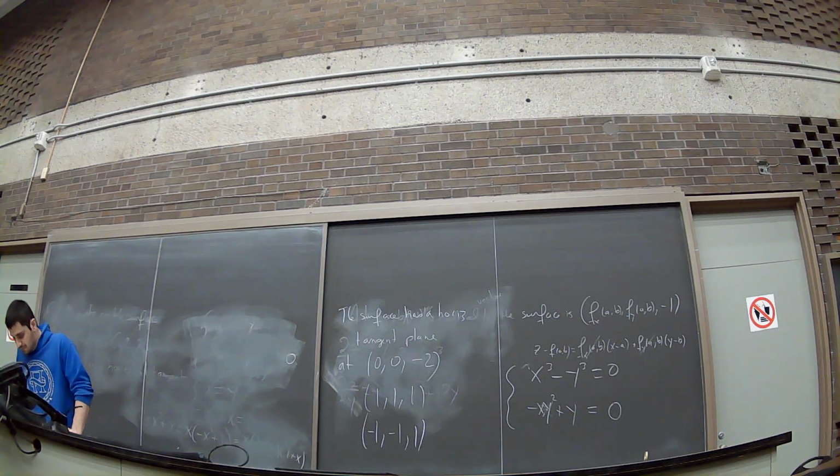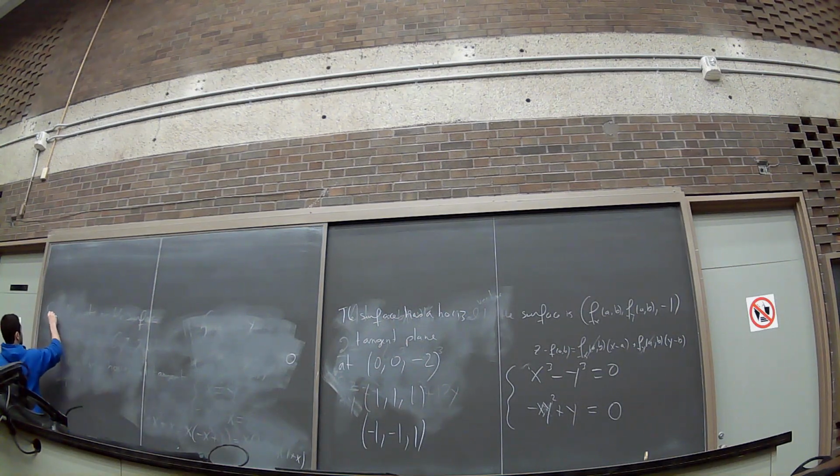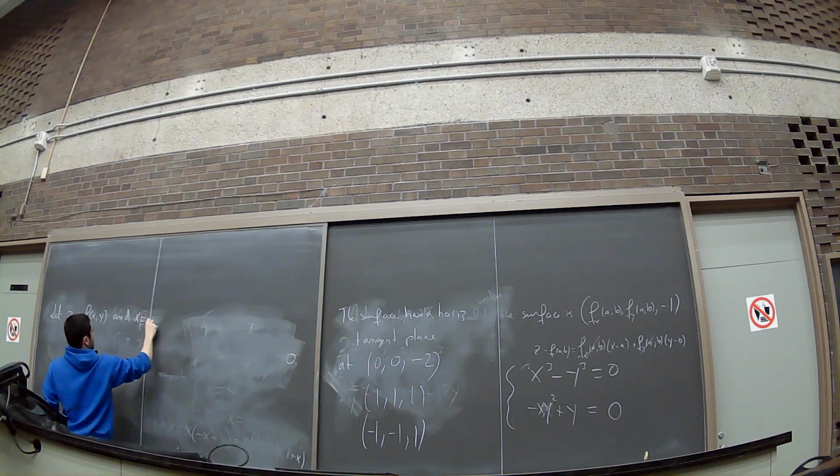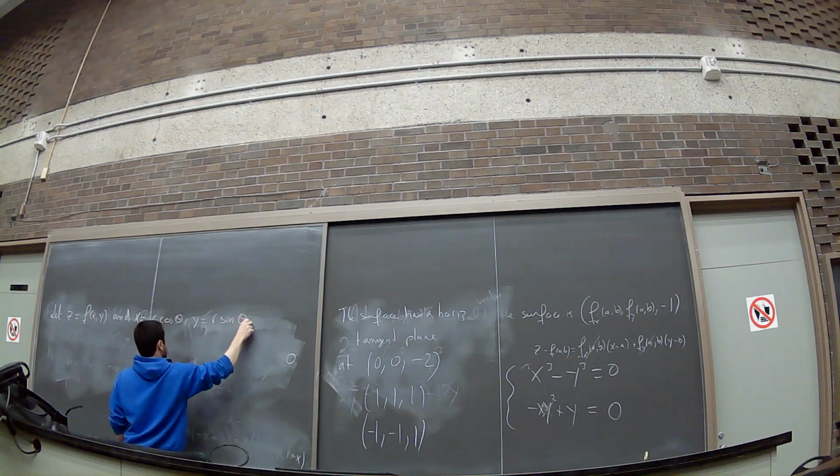I'll pick them from the book actually. This one is a very hard one. Okay, well let's do it. Let z be equal to xy, and x is equal to r cos theta, and y is equal to r sin theta.